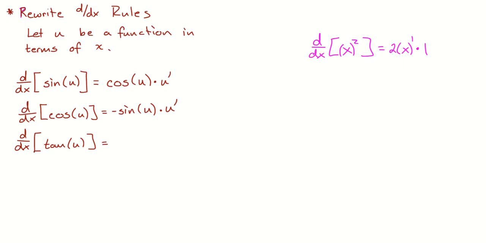So tangent is defined as sine over cosine, and you could do a big gross quotient rule if you wanted, or you can check your notes, or you can shout it out if you know it. So is it a cofunction, or is it just a regular function? Regular, so there's no negative. Secant squared U times what? U prime.